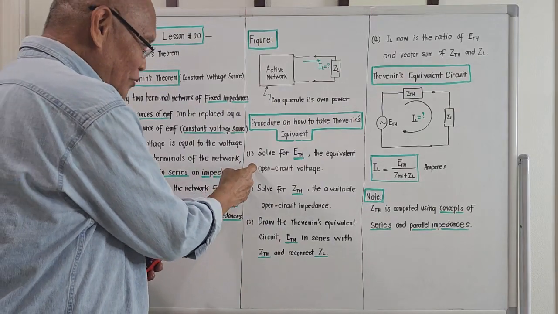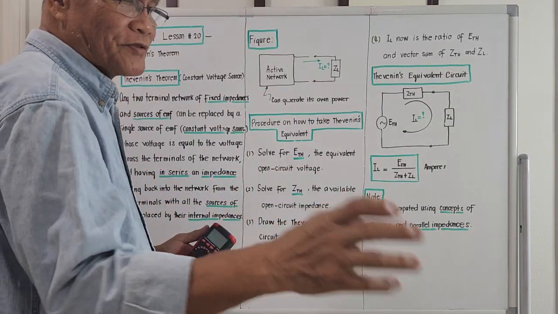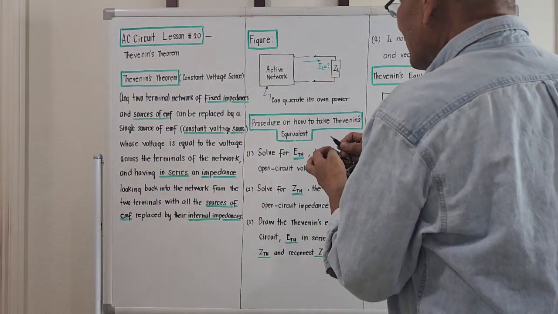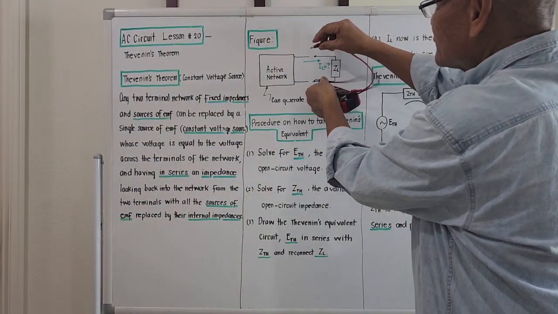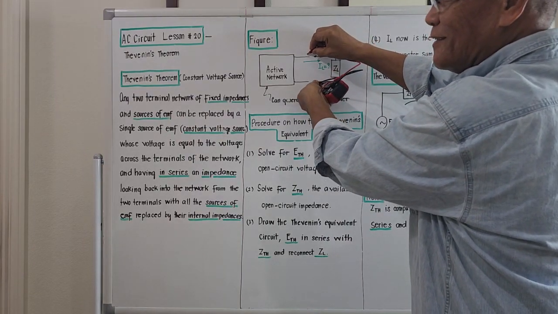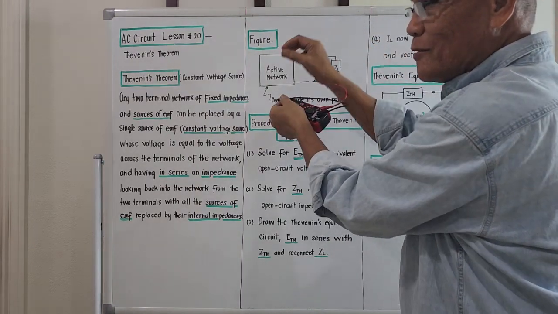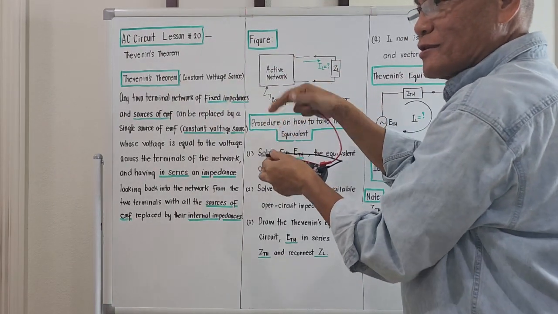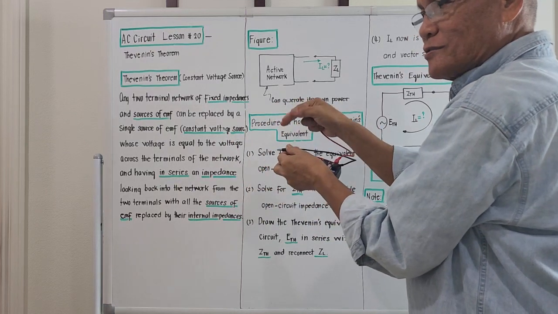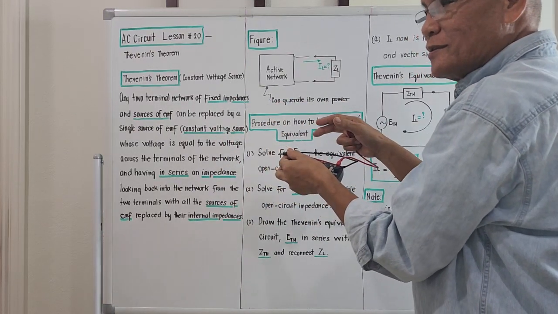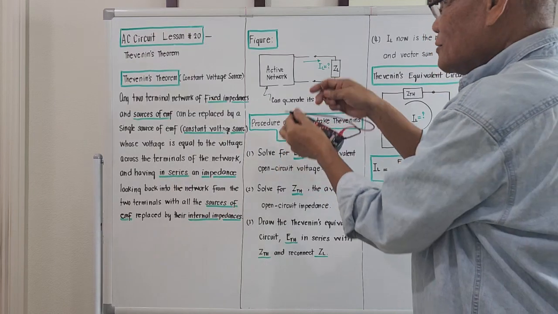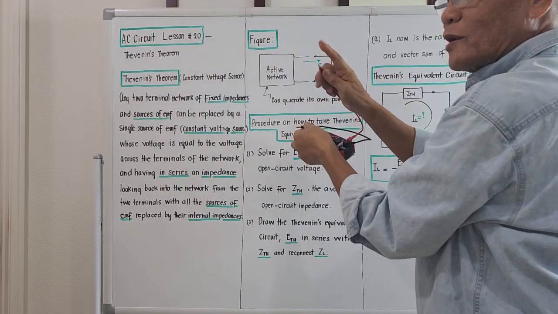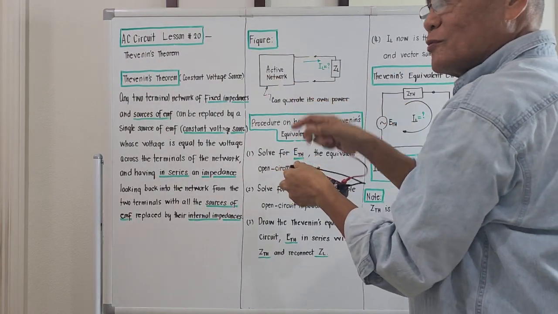So, procedure number one, what Mr. Thevenin did is that he got his multitester and he tried to measure the voltage across the terminals. He doesn't know anything about the inside of the active network. Is the voltage source inside DC, or is it an alternating current voltage? So he uses a multimeter to measure the voltage, and it will come out whether it is an AC voltage or DC voltage.